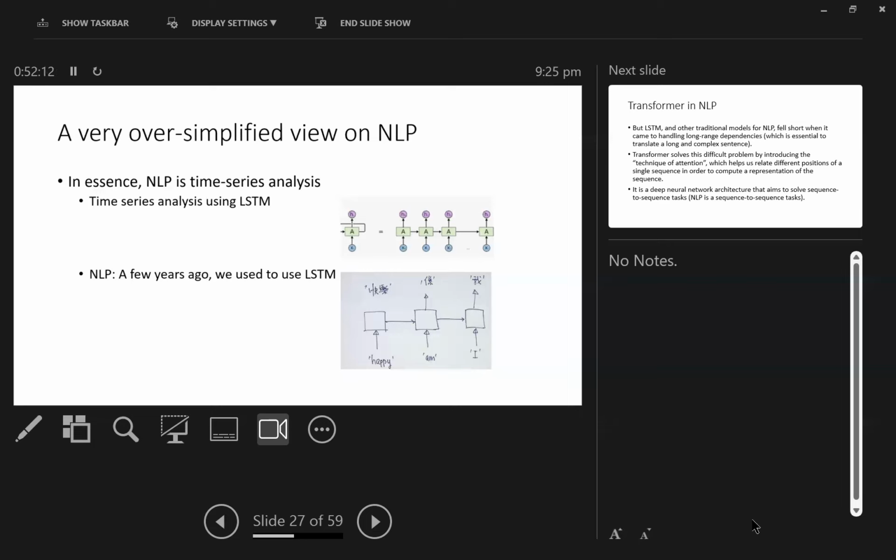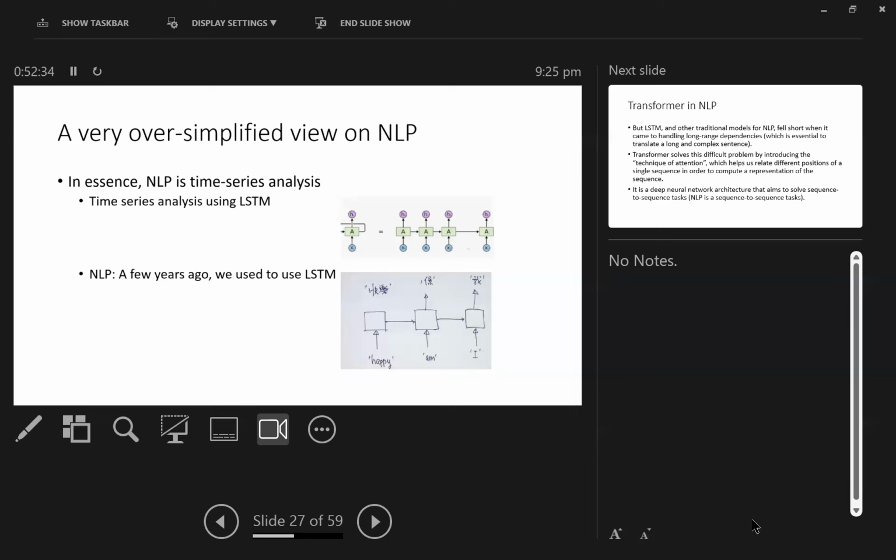Just like LSTM for stock price, the stock price movement also has some kind of relation. And by knowing this relation, it will help you to do the translation, for example, understanding.